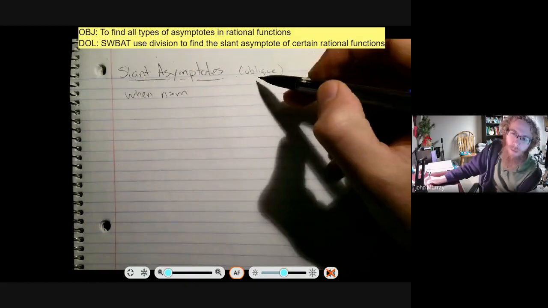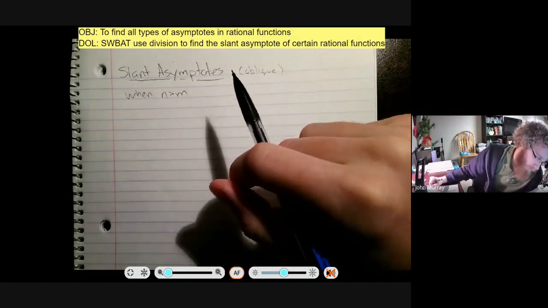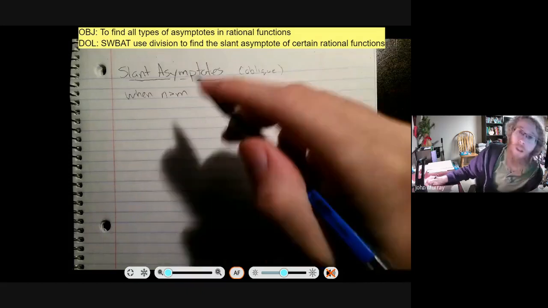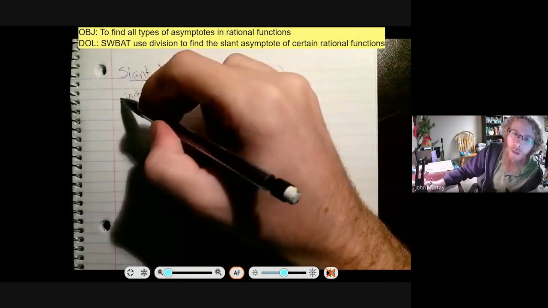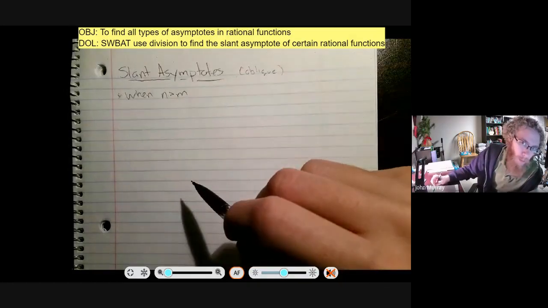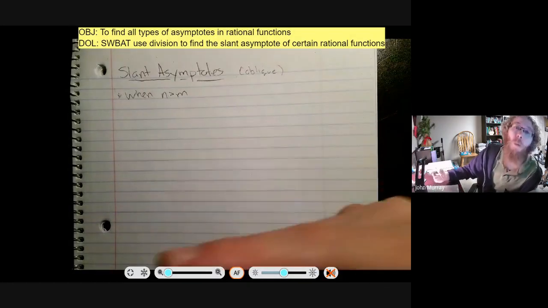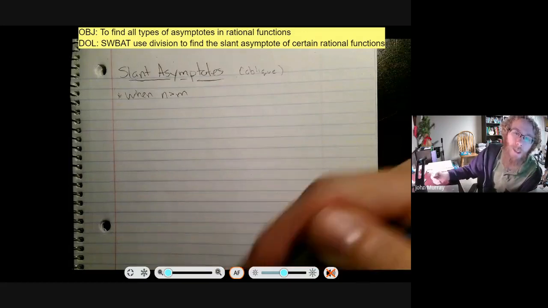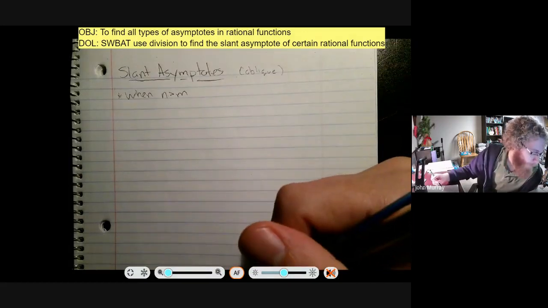You might also see it referred to as an oblique asymptote. Again, this is when the degree of the numerator is greater than the degree of the denominator. The reason this happens, we'll see as we go along.